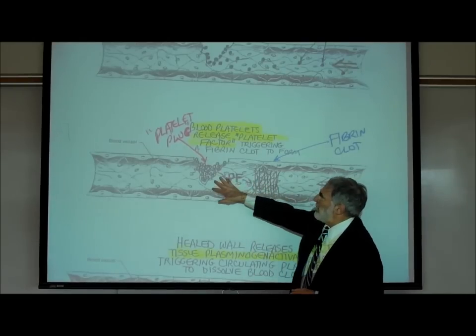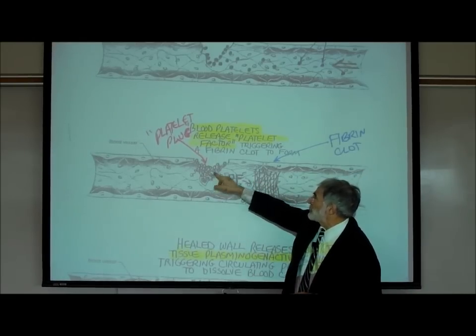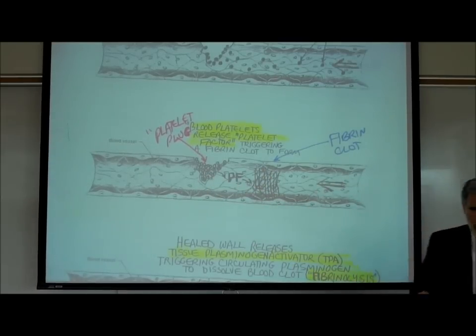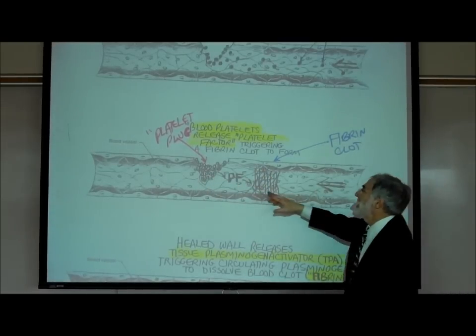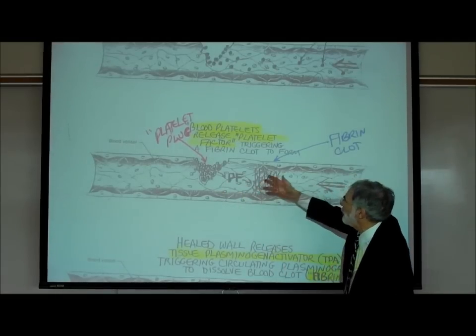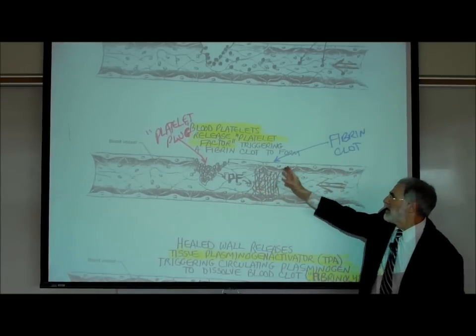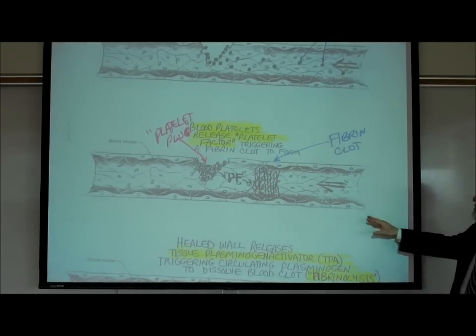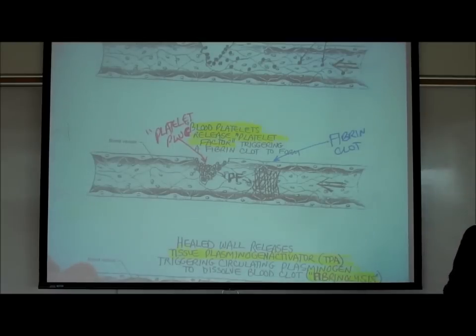What the platelet plug does is these platelets, or thrombocytes, release a chemical called Platelet Factor, PF. And that initiates a series of chemical reactions we learned that culminates in the formation of something that looks like a spider web, known as a fibrin clot.